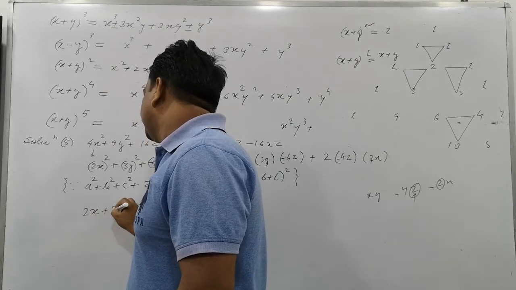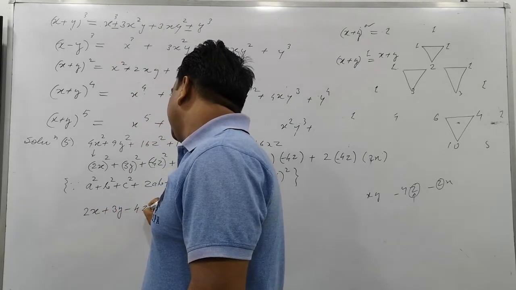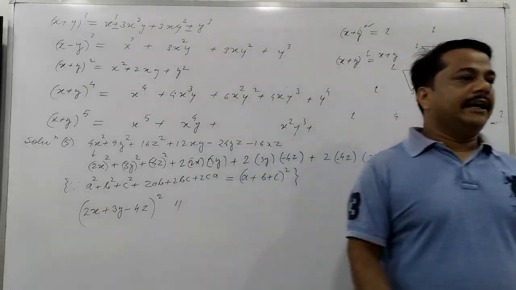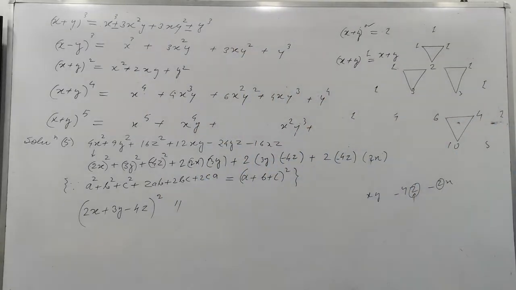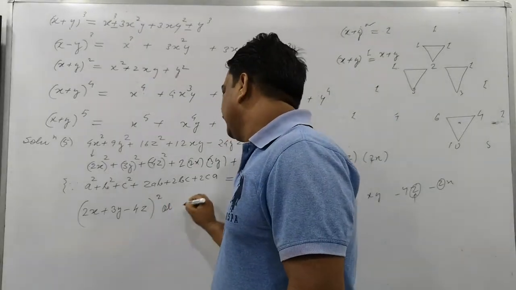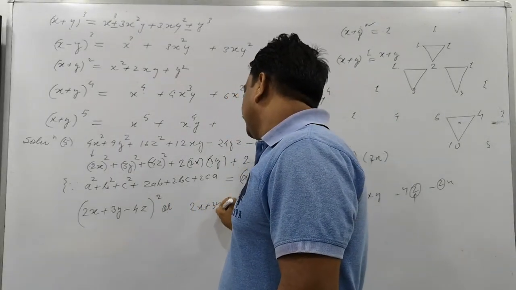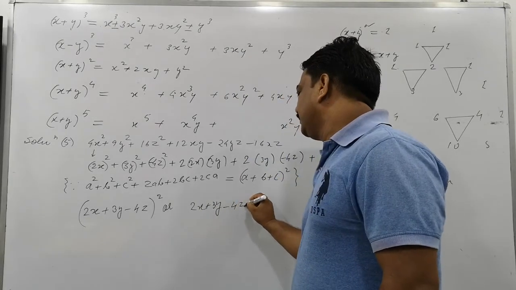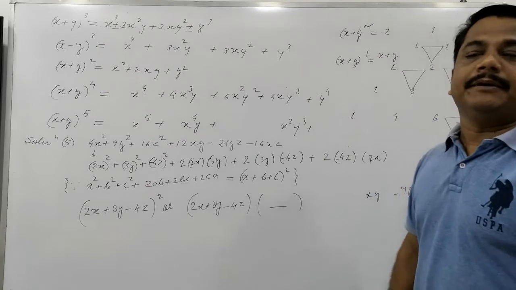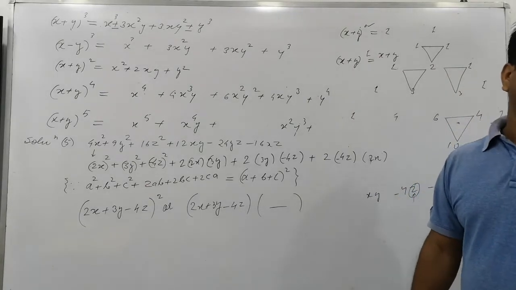So what will the condensed form be here? 2x plus 3y minus 4z whole square. Is that clear now? And twice we can write here because we need to factorize. So it's 2x plus 3y minus 4z once, and the second time also you can write the same, because we are doing factorization.